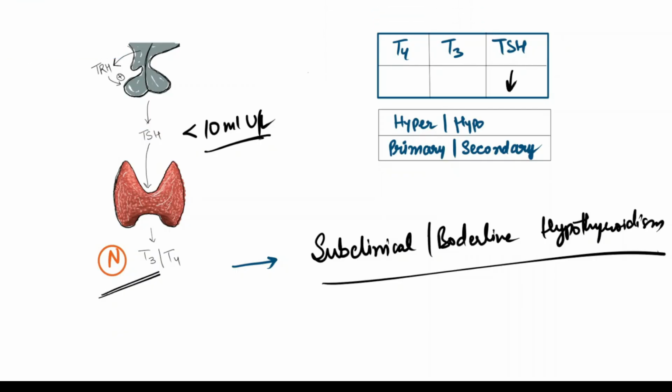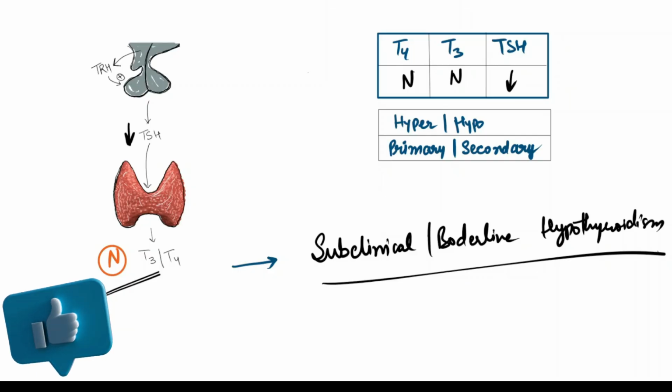Similarly, if the TSH level is low and T4 and T3 levels are in the normal range, there is decreased production of TSH from the pituitary gland, but still the thyroid gland manages to produce normal levels of T3 and T4.